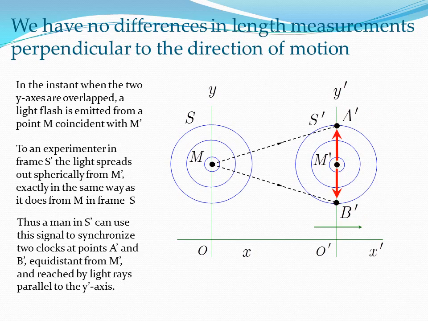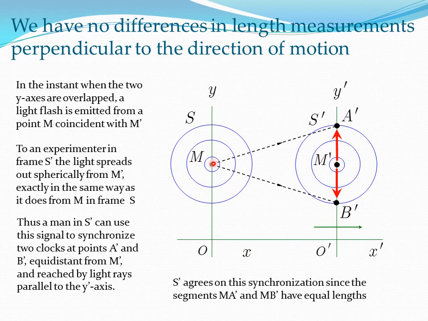They are reached simultaneously by the light, but also to an observer in S. The two clocks are reached simultaneously by the light signal, since we have no reason why the perpendicularity of the two axes could be affected by the motion. Therefore, these two lengths are equal.